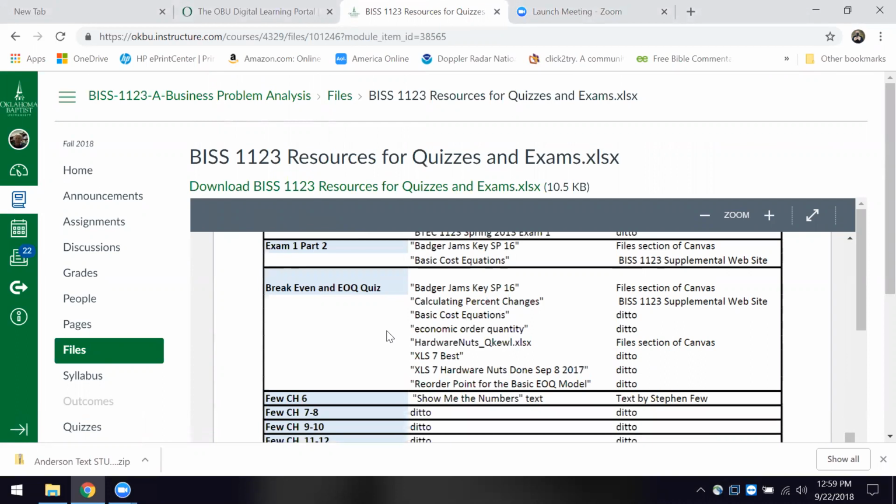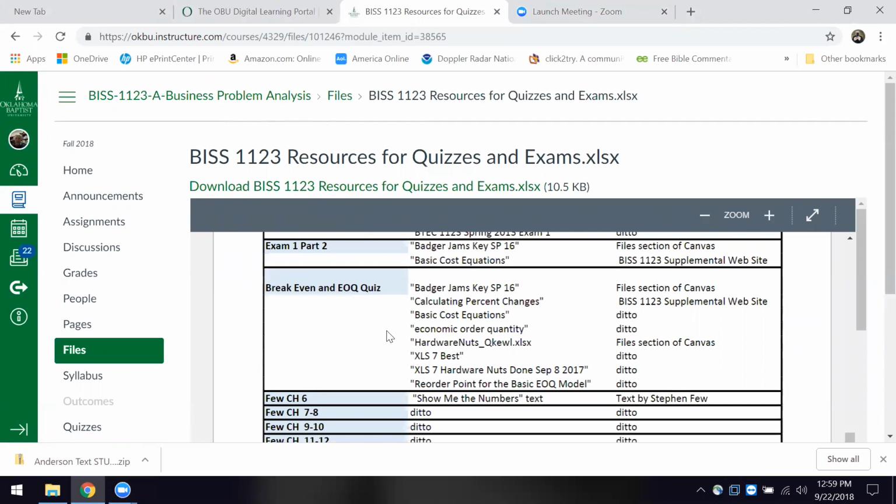There's the Badger Jams key, and that's over in the files section of Canvas. Over at the BISS 1123 supplemental website, and the link to that website is up there, I believe, in the announcements section or the welcome module.